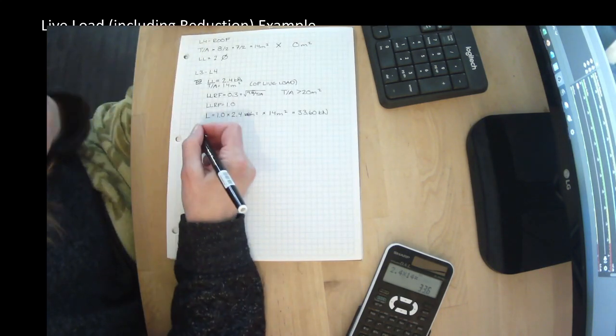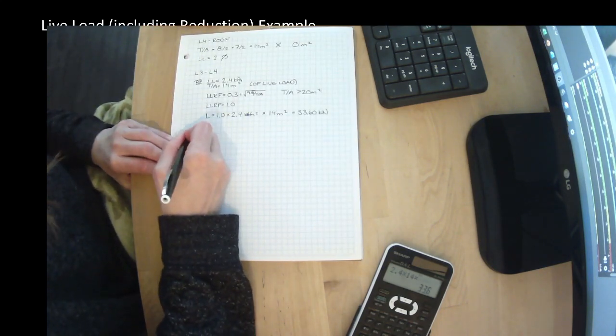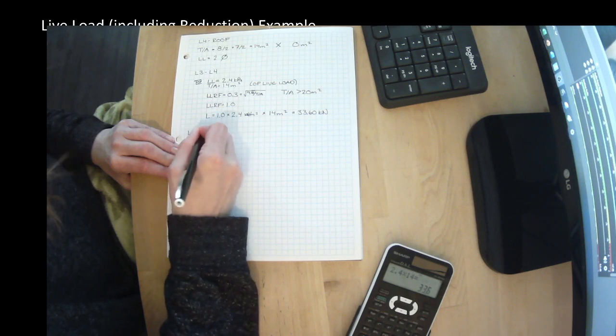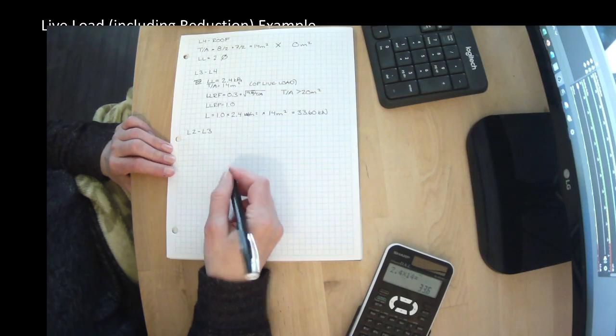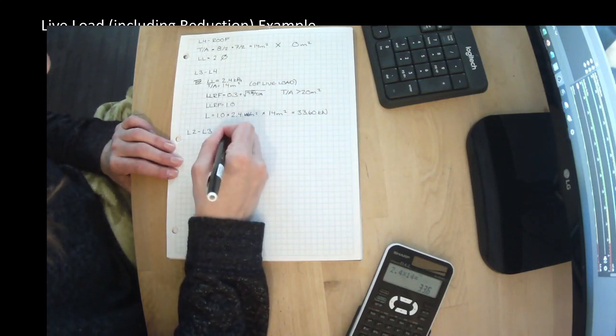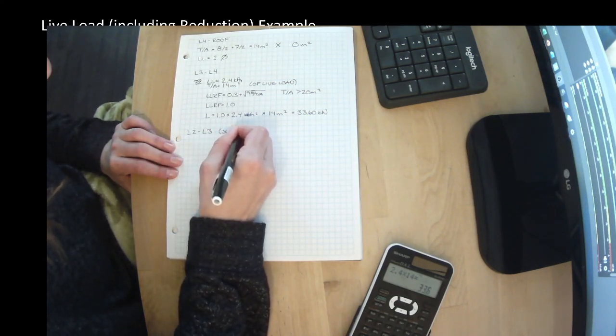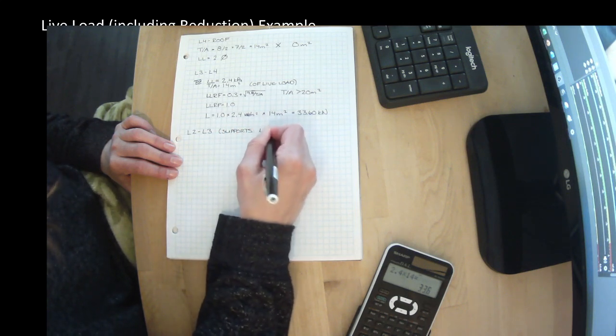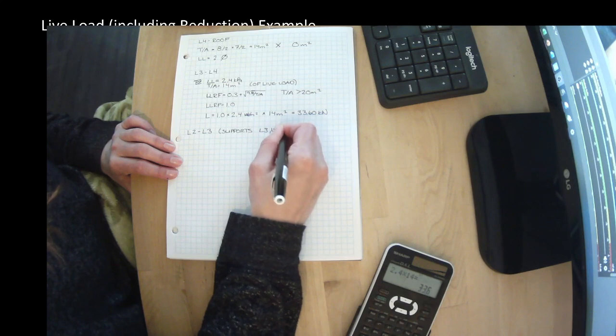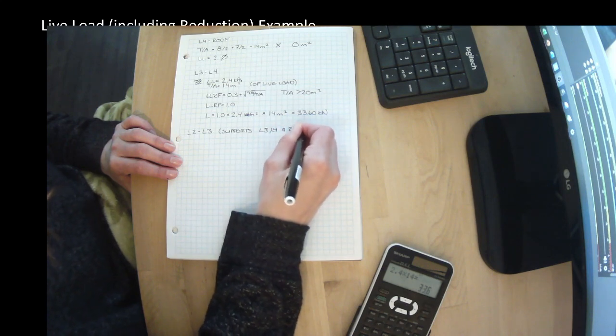Now we can look at level 2 to level 3. Now level 2 to level 3 supports level 3, level 4, and the roof.